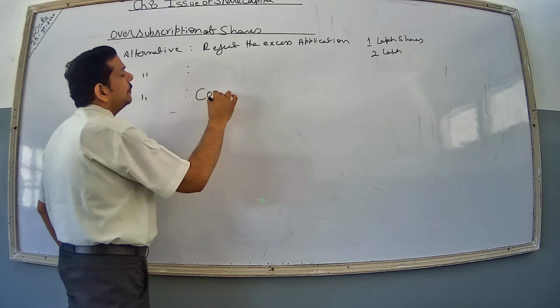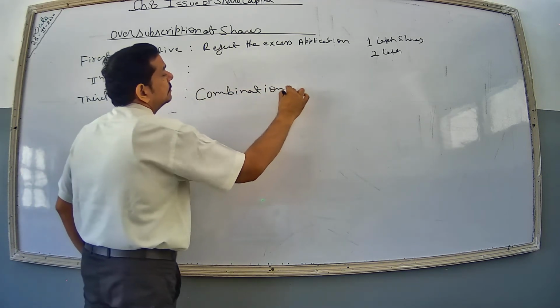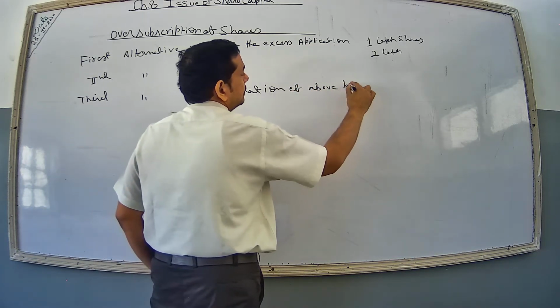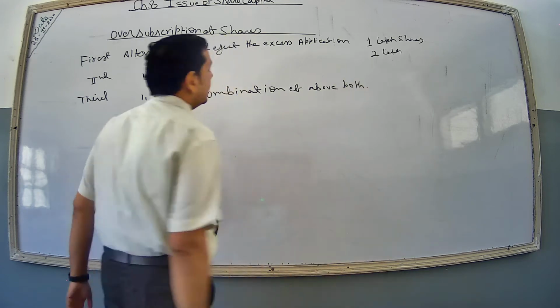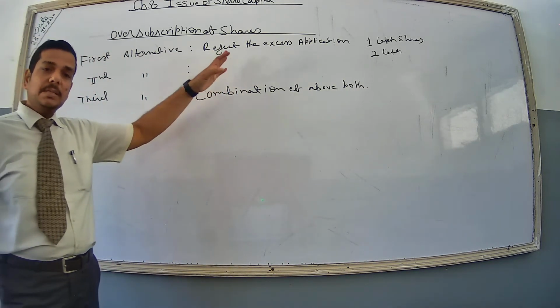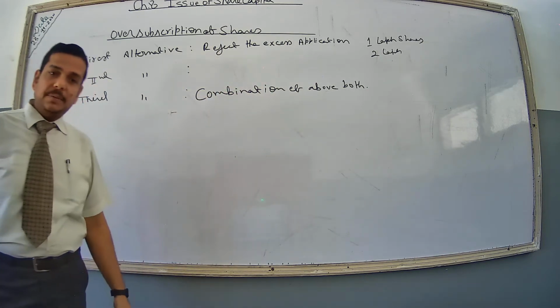Now the third alternative is a combination of the above two items. What does a combination of the above two mean? To reject applications for somebody and to make proportional allotment to each and every one.